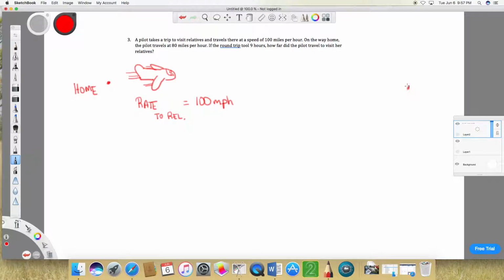And then here say is the relatives. And once you visited the relatives, you turn around and fly home. And the rate that we're flying to go home is 80 miles per hour.